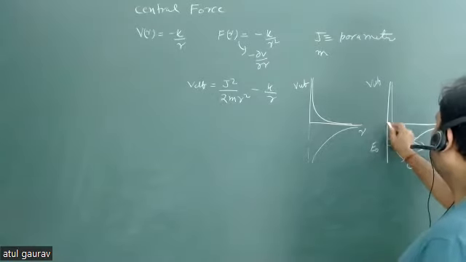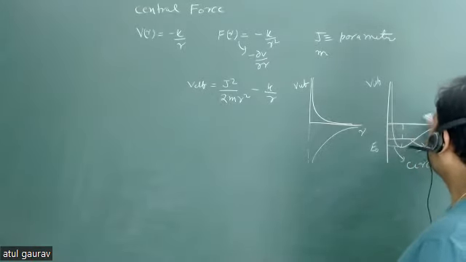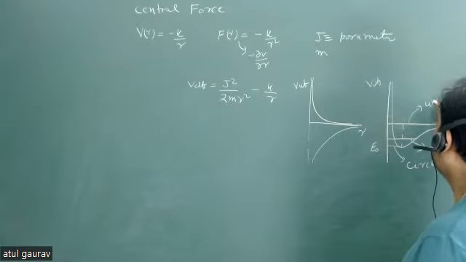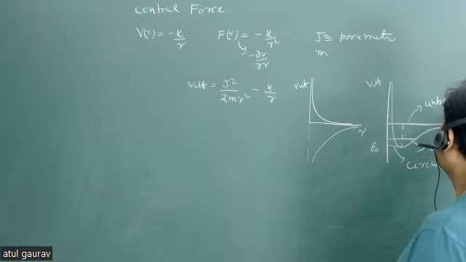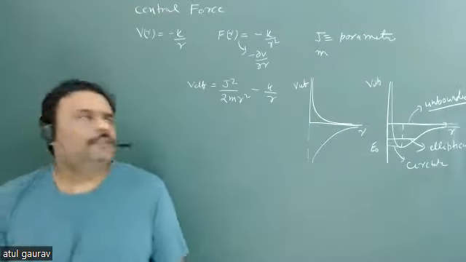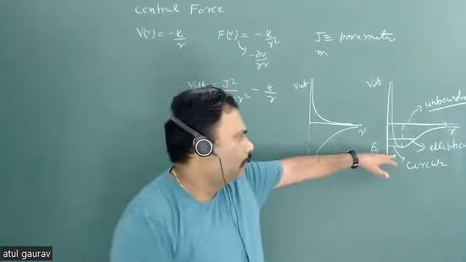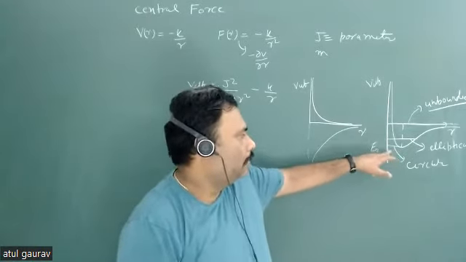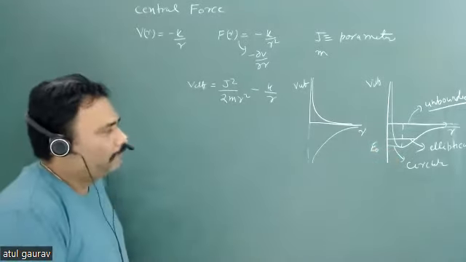For energy E equal to 0 and more than 0, we have an unbounded orbit, you can see. We can also find the value of E naught by using the concept of V effective.